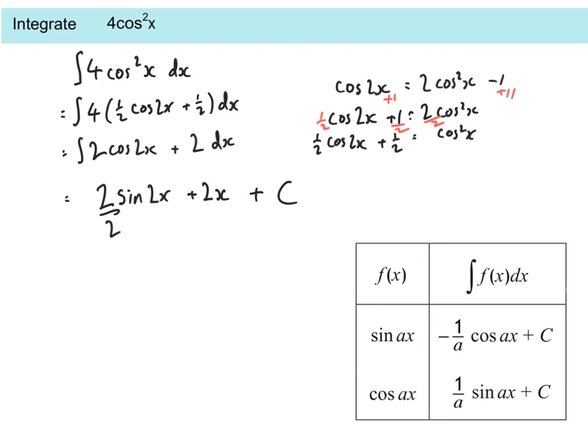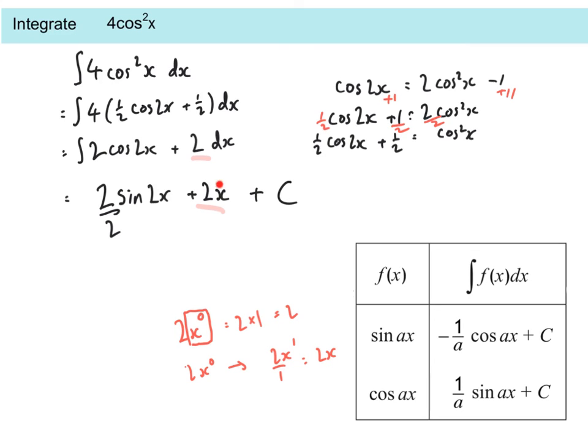Now remember, if you don't trust me on this jump here, think of it like this. We've got 2x to the power of 0. Because anything to the power of 0 is the same as 1. So 2x to the power of nothing, I can increase the power by 1 and divide by that new power to give me 2x.